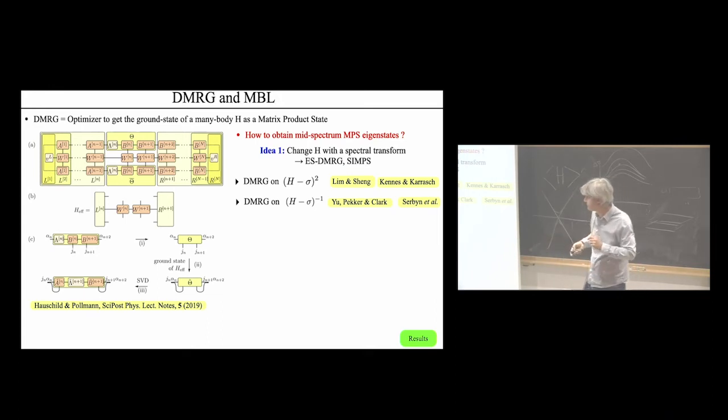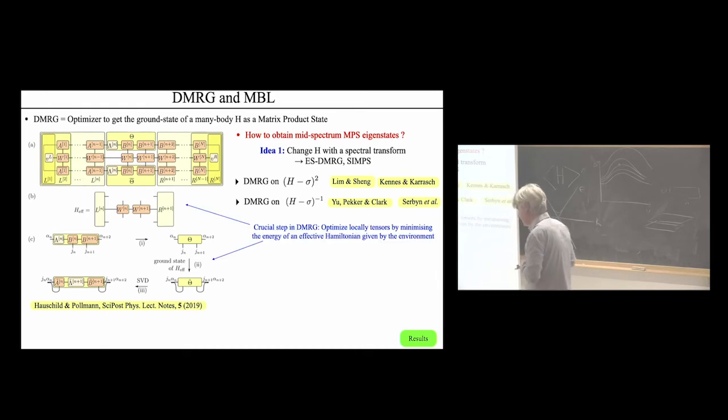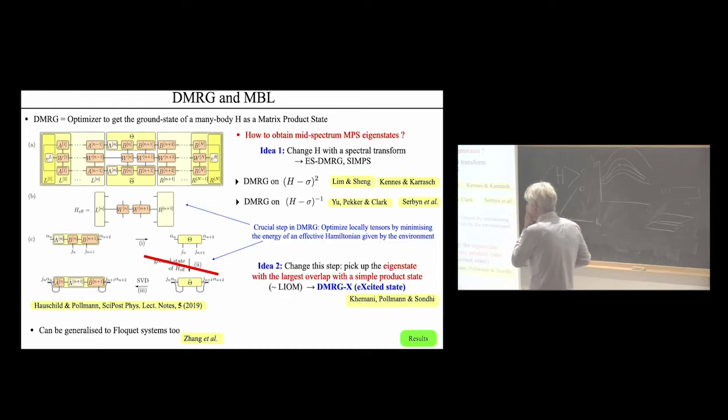There's a further idea, which was developed in this work. Okay, so this is some strange-looking picture, if you haven't seen them before. That's a way to locally optimize your small matrices, and you sweep, and that's the DMRG algorithm. I won't give details, but at some point you have to minimize an effective Hamiltonian, optimizing a tensor so that it is the ground state of a small Hamiltonian.